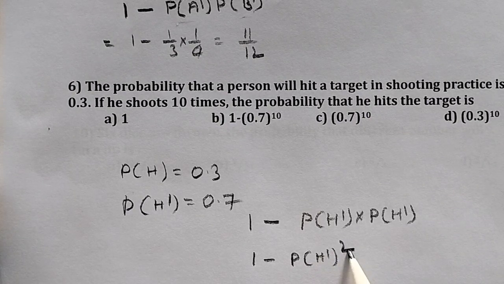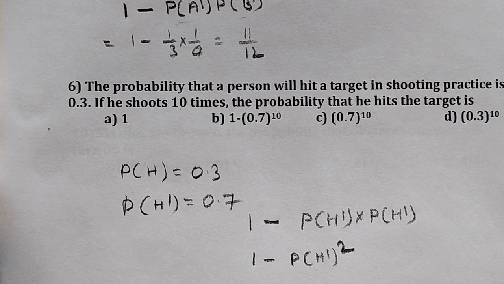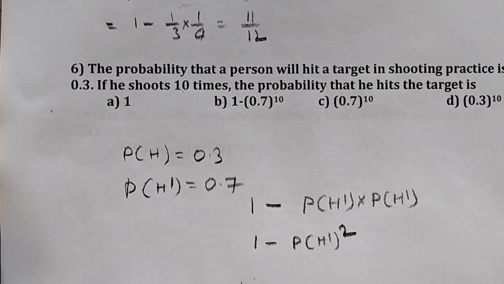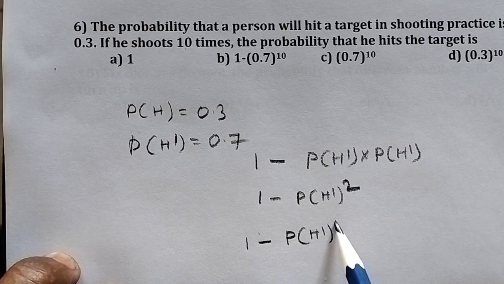That square indicates the number of times he is trying to hit the target. For suppose in place of 2, if I am taking 10 times, simply that result will be 1 minus P of H dash whole power 10.